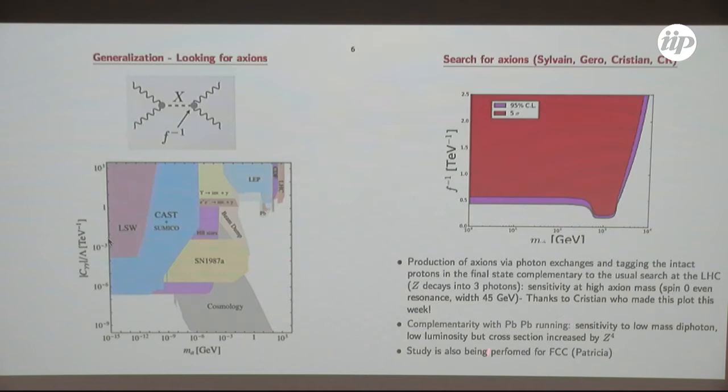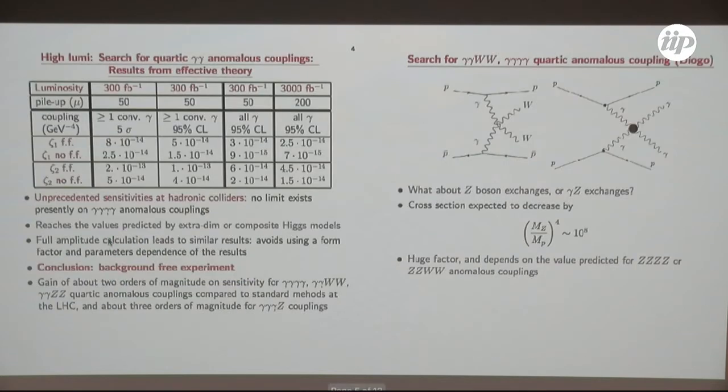What I wanted to stress also, if we go back to this plot, is that we extend the sensitivity domain of the LHC, which is here, to higher mass. And there is also complementarity with the lead-lead running. Because what is going on in lead-lead, instead of proton-proton, if you want to have the same diagram, but instead of the proton, you have lead-lead, you enhance the cross-section by a factor which is Z to the 4.